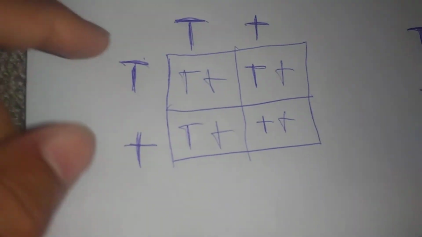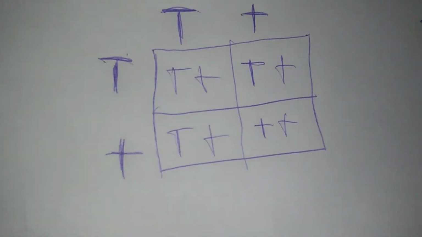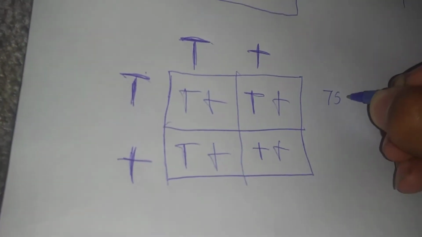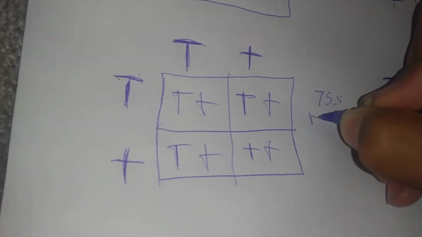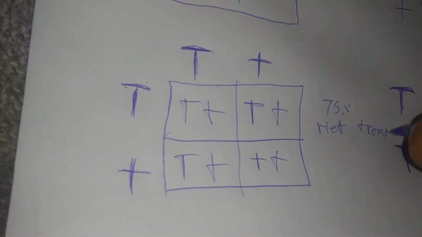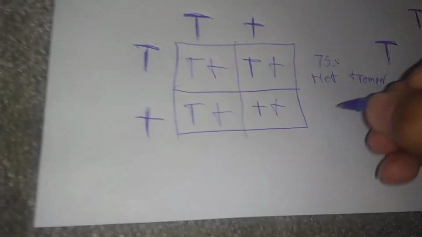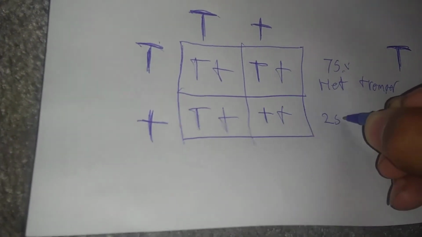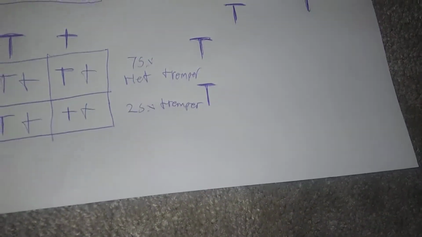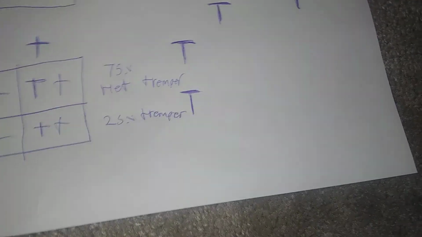So this one will come out 75% het Tremper, meaning they'd be normal but carry that Tremper gene. 25% would come out Tremper. And also, just so you know, just because an animal is normal does not mean it's het for anything, unless it's proven otherwise.